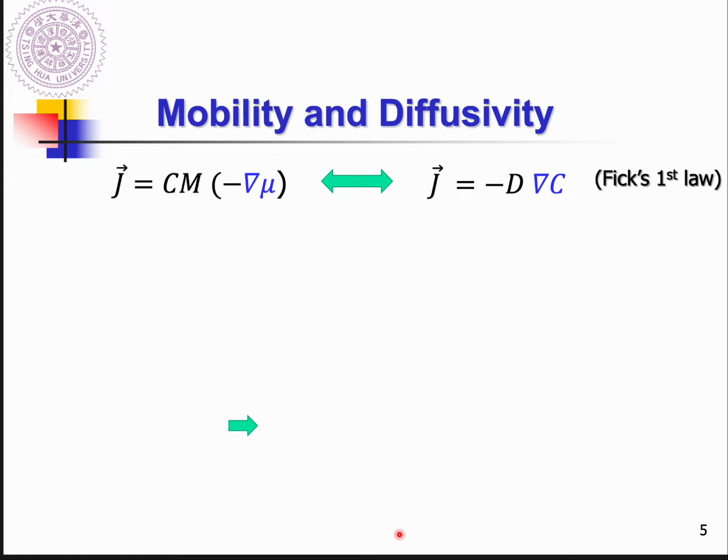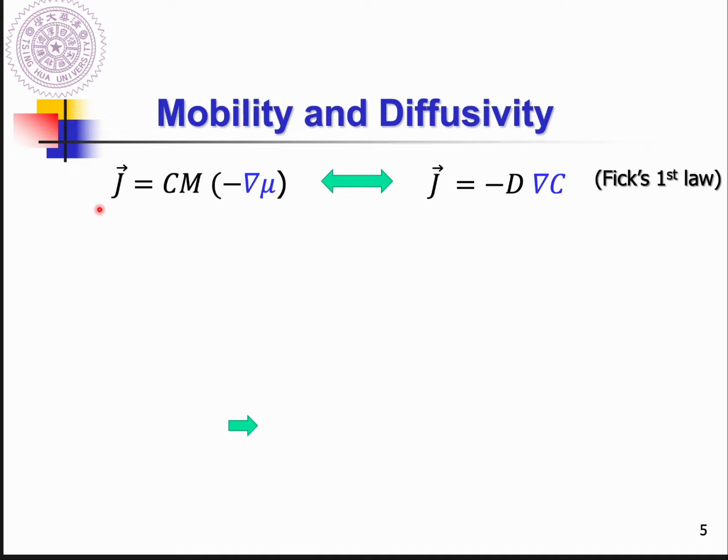Okay? So let's move to this slide, which is going to derive the relationship between the mobility and diffusivity, and that's a very famous relationship we call the Einstein relationship. Okay, so we are going to derive that.